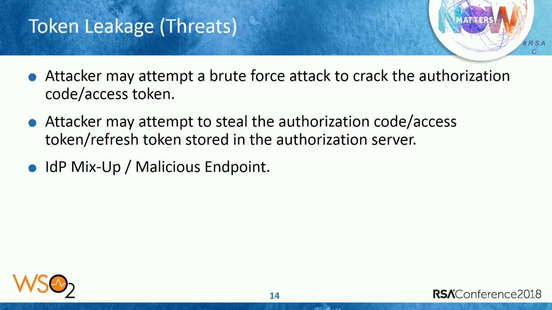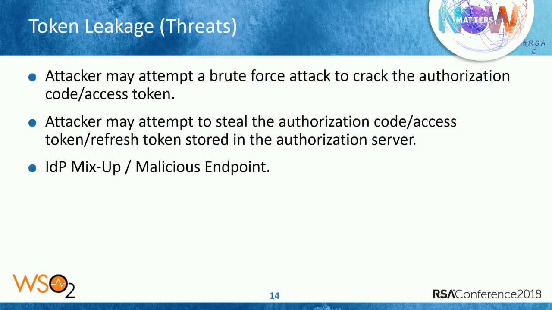Now the attacker once again intercepts that request and changes the redirection URL to the foo IDP. So the user gets redirected to the foo IDP, which is the expectation of the end user, and then the authorization code or the access token will be returned back to the client application. But the client application still thinks the access token or the code is issued by the evil IDP, right?